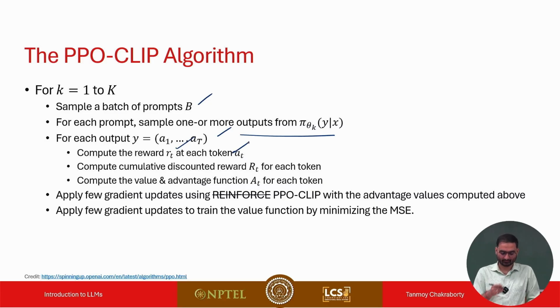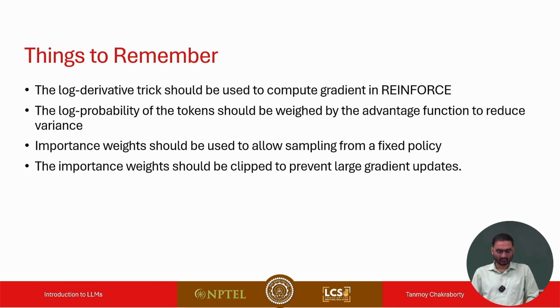For every token in the sample we calculate the cumulative discounted reward, we calculate the advantage function, and then we use PPO-CLIP with the advantage values computed above, and we use MSE for training the linear layer for the value function.